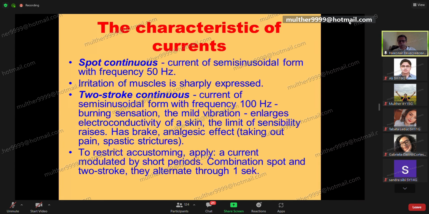Two-stroke continuous current, of semi-sinusoidal form, provides mild vibration and the largest electric conductivity of skin and provides an analgesic effect, taking out pain and spastic stricture of smooth muscles, especially smooth muscle spasm. A combination of spot and two-stroke currents alternating through 1 second is possible.